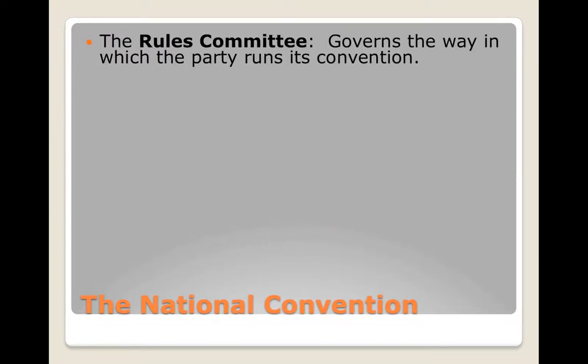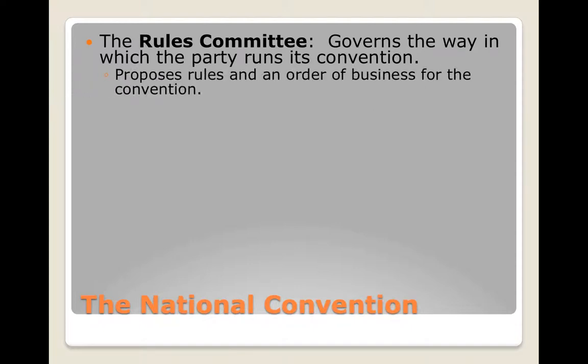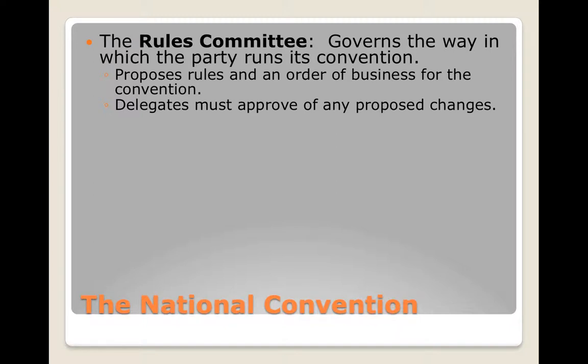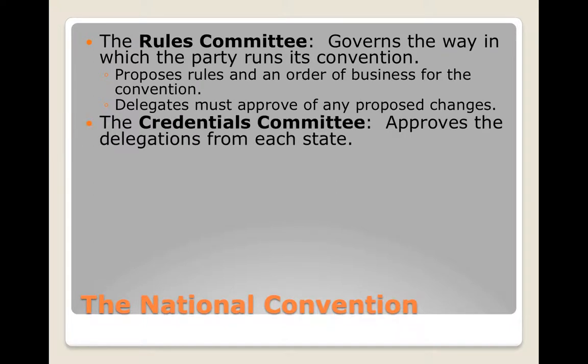The Rules Committee at the convention governs the way in which the party runs the convention, and proposes rules and an order of business for the convention. Delegates must approve any proposed changes. The Credentials Committee approves the delegations from each state.